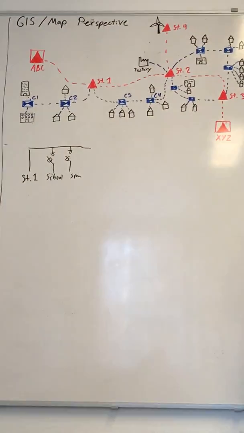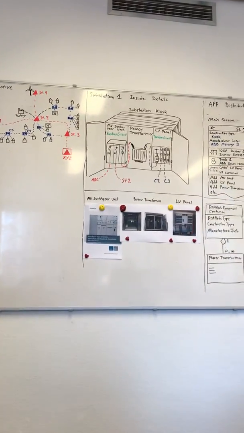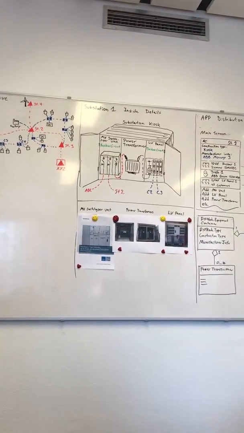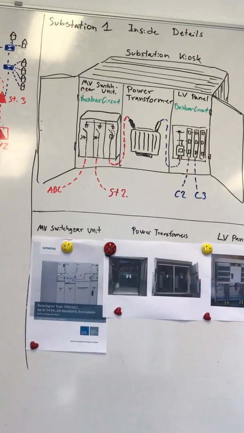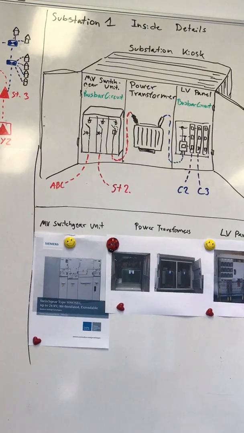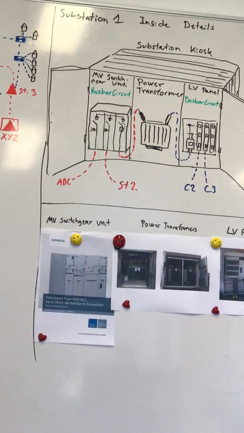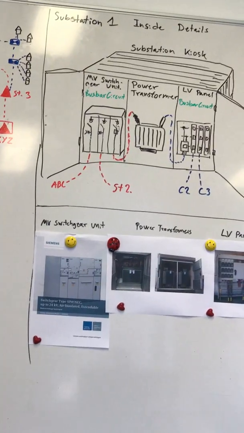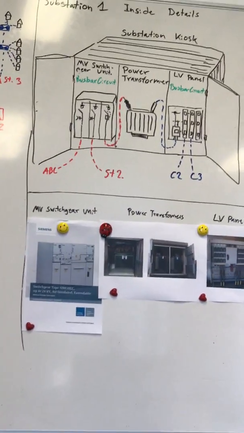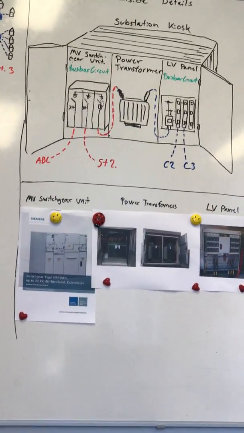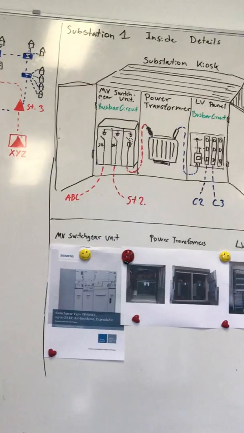I have one very simple question because I don't know that much about electricity. When you convert from the substation 10 kilovolts, for example, through the power transformer and send it to the cable box to the customer, it has to become 400 volts.